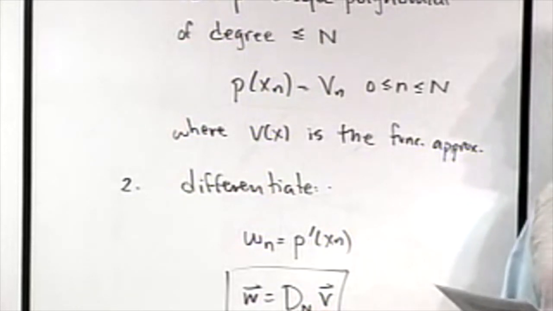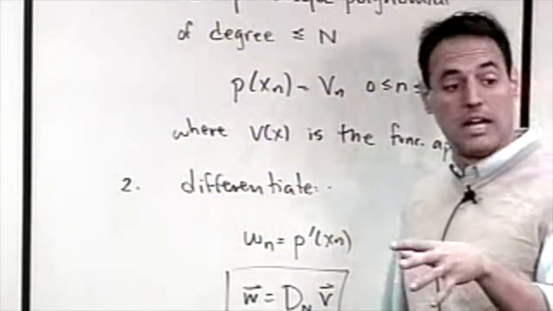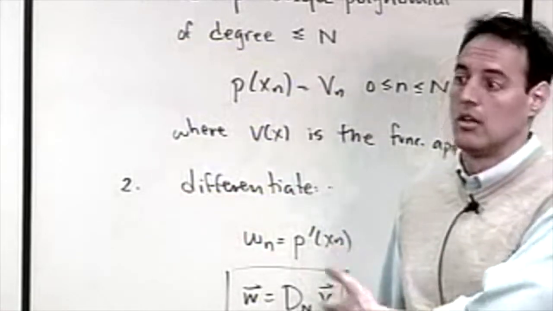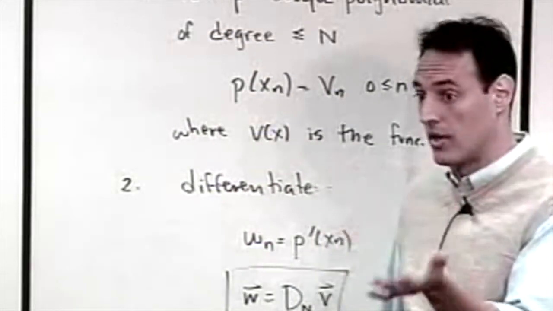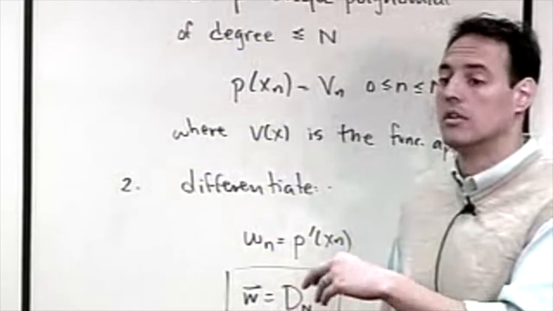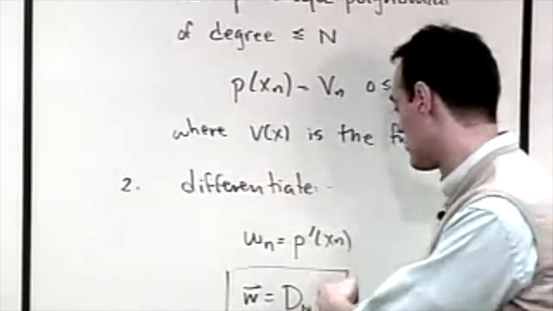I'm going to give you the matrix D_n. And in fact, in Monday's lecture, we're going to do a little classroom example using the Chebyshev polynomial stuff. And not only will I give you D_n, we'll play with it in class and show that in fact it does take the derivatives the way we want it to. And so it's going to be just a function call for you to actually access this matrix D_n.